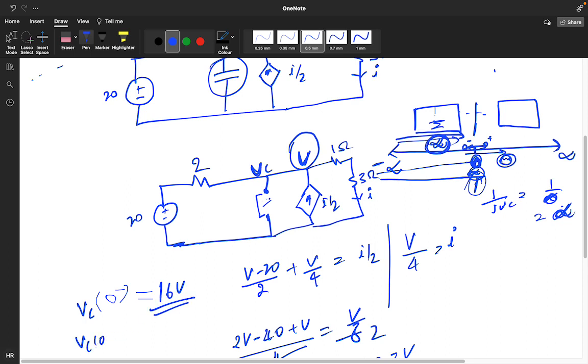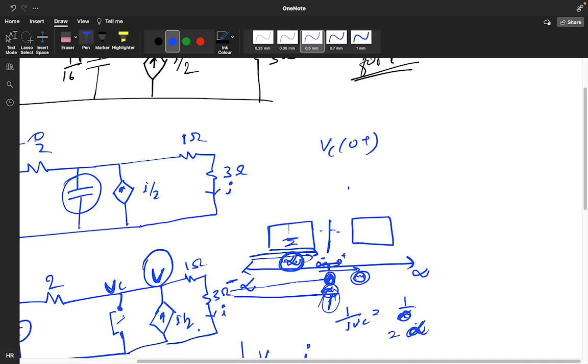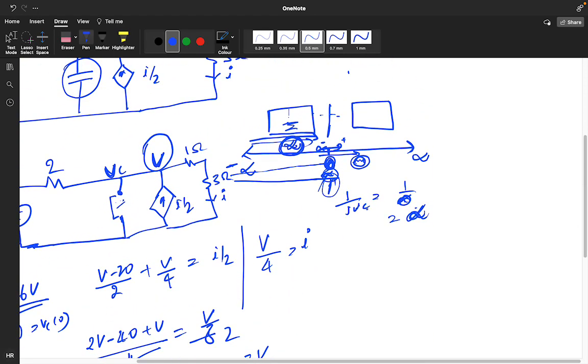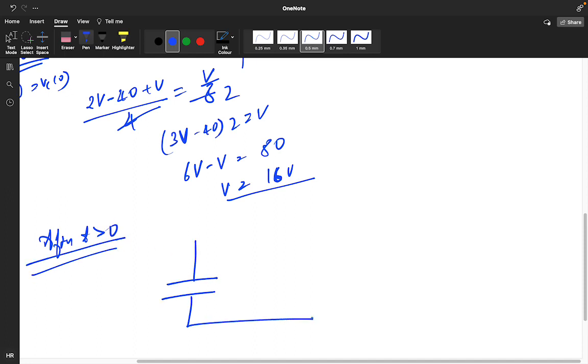And VC of 0 minus is equals to VC of 0 plus is equals to VC of 0. Now you got the VC value. Now the circuit will become after t greater than 0. After t greater than 0, your circuit will be like this.